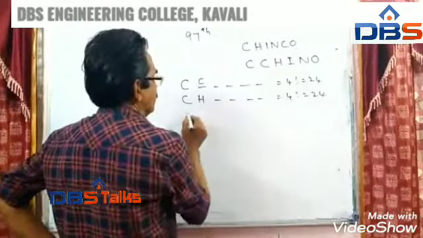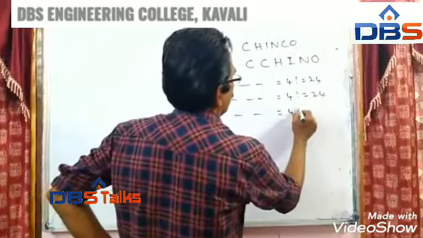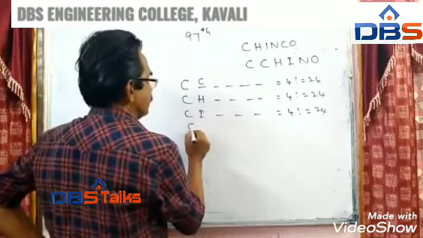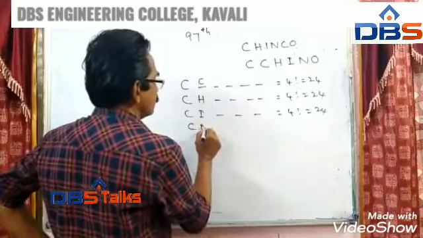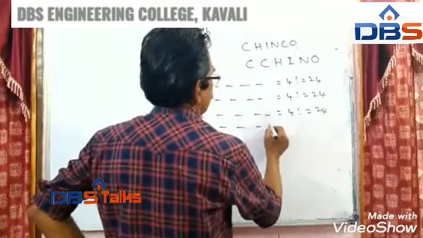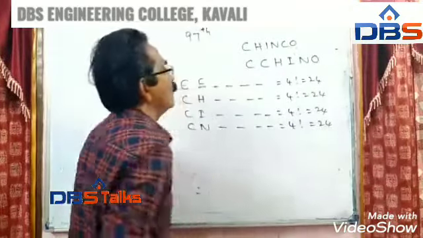After that CI, again 4 factorial, that is 24. And CK, again 4 factorial, 24.